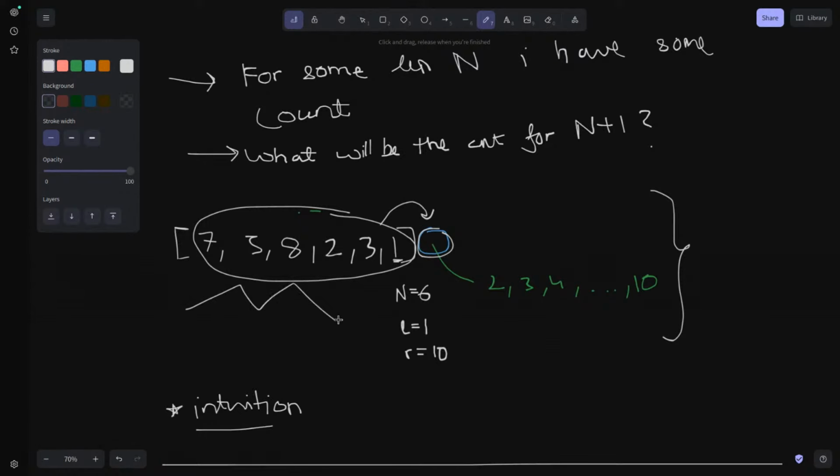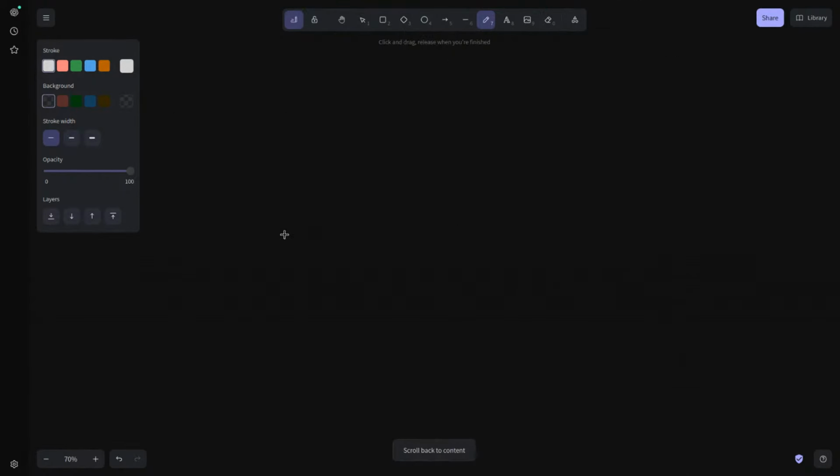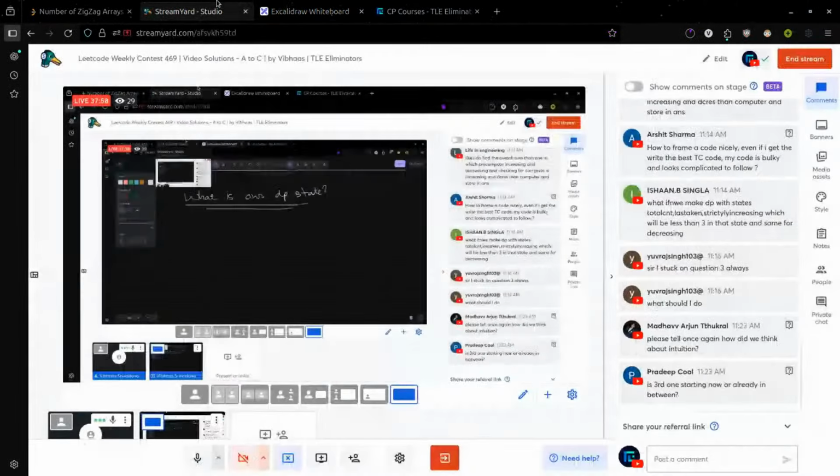If this is a zigzag array of this type, then the next value has to be larger. Or if it's the zigzag array of the opposite type, then the next value has to be smaller. And then we have some particular values for that. So to maintain the count, we need to do transitions which only depend on the next value being added. That's the intuition.